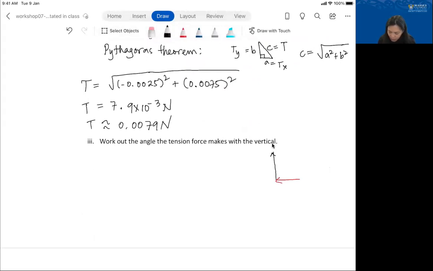So this is the y component of tension, the x component of tension, and then you have the tension force here, right? And it says angle, the angle that it makes with the vertical. So that means it's this angle that they want you to calculate.